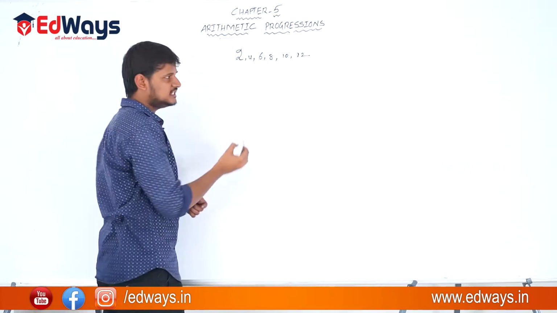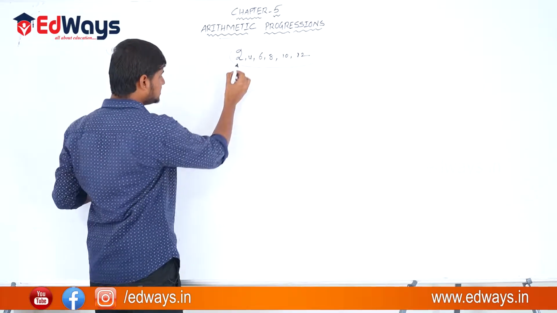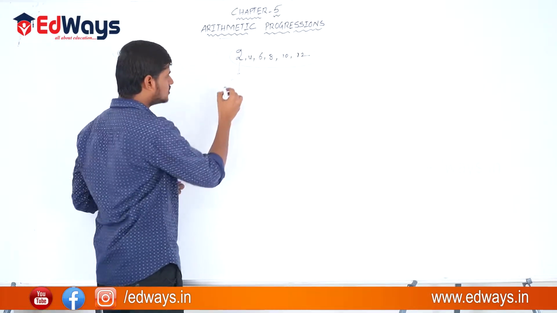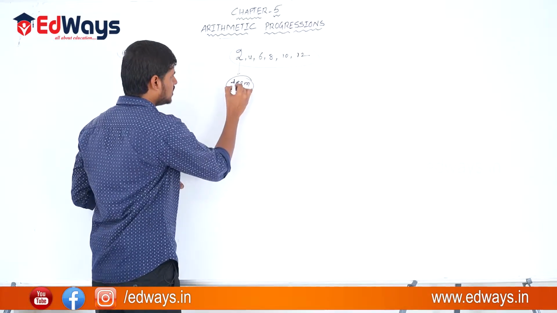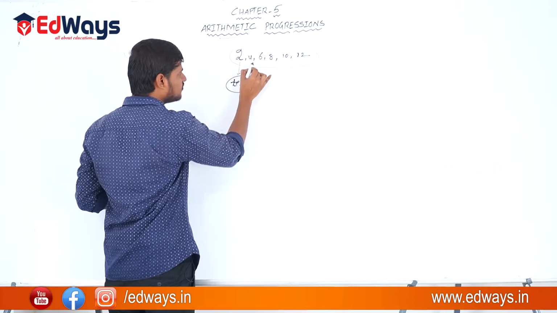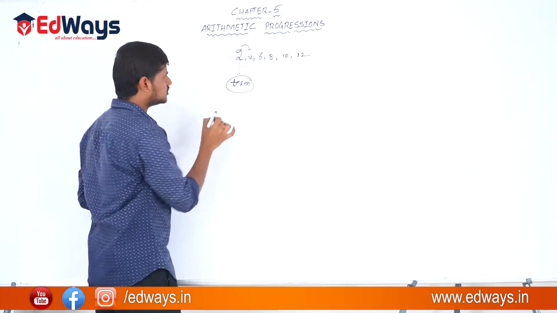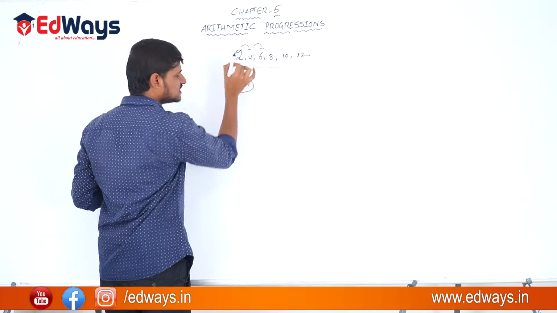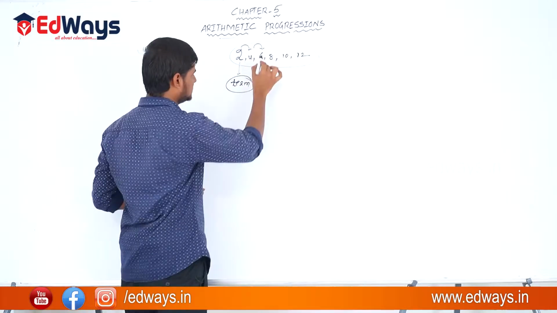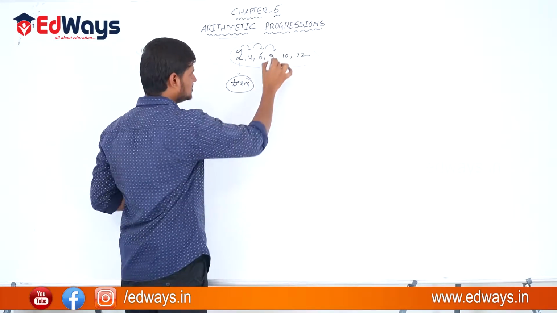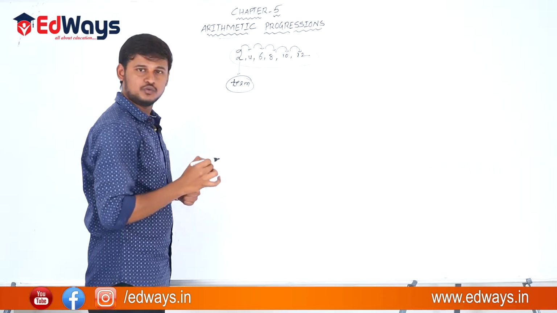This is a list of numbers, and each number in this list is called a term. 2 is a term, 4 is a term, 6 is a term. If you observe the difference between each term, 2 to 4 is a difference of 2, 4 to 6 is 2, 6 to 8 is 2, 8 to 10 is 2, and 10 to 12 is 2.